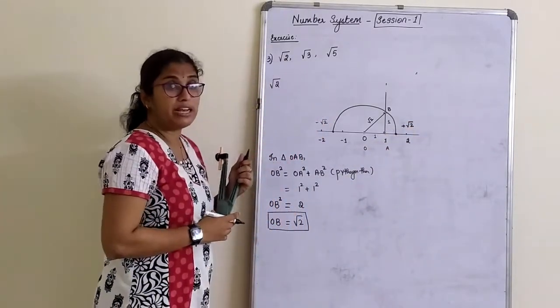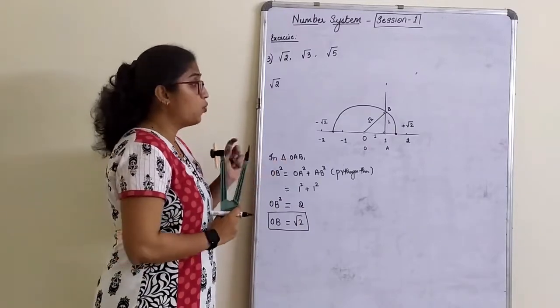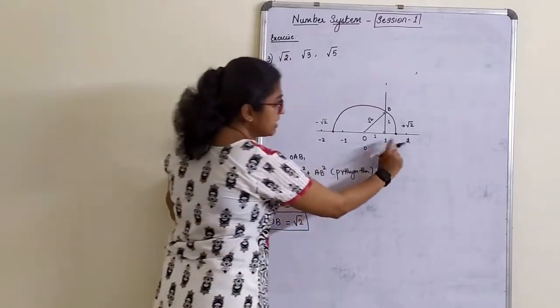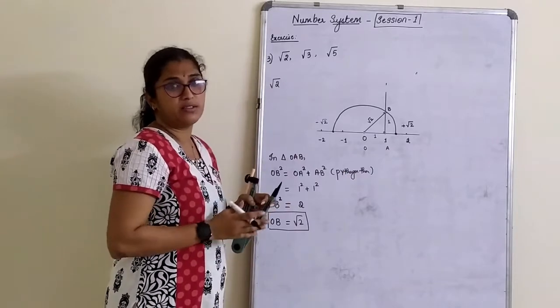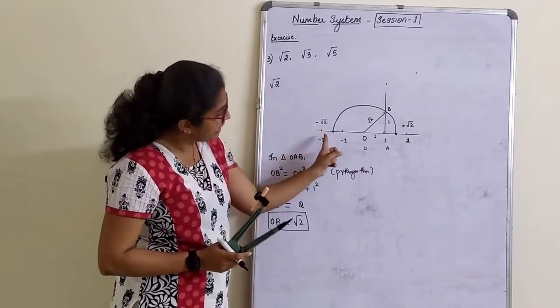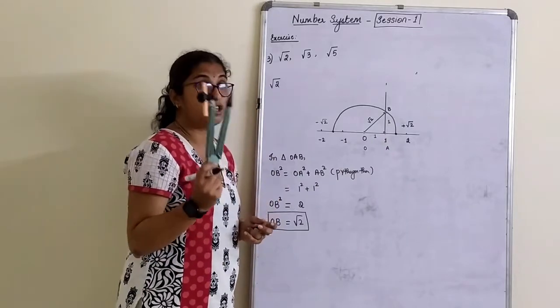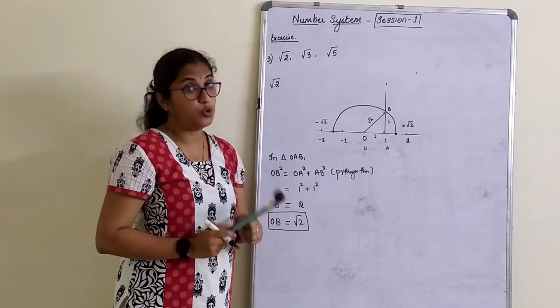What is the root 2 value? When you calculate it by the division method, it is 1.1 something, 1.14 something. See here, it comes again 1.1 something only. You get it accurately when you do it in your book. My arc doesn't look very perfect because I have done it free hand. I can't be showing you all with the chalk here. So this is how you represent root 2.